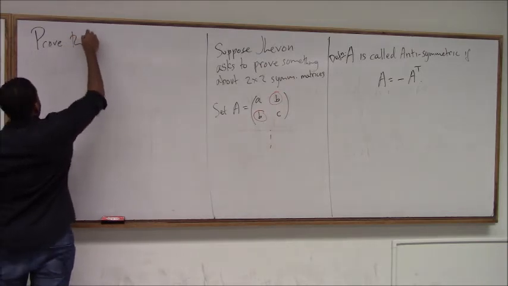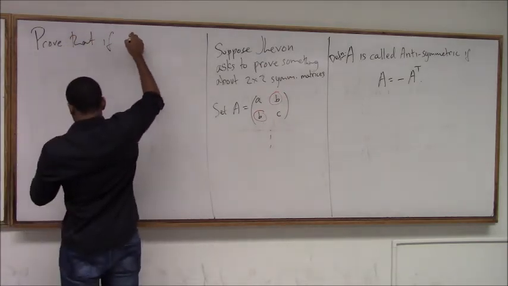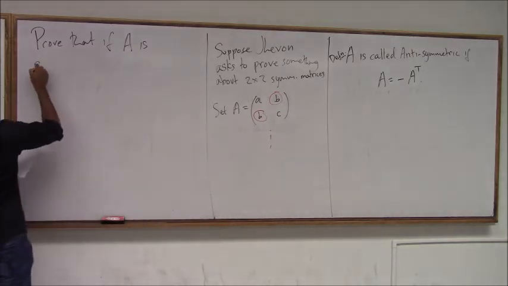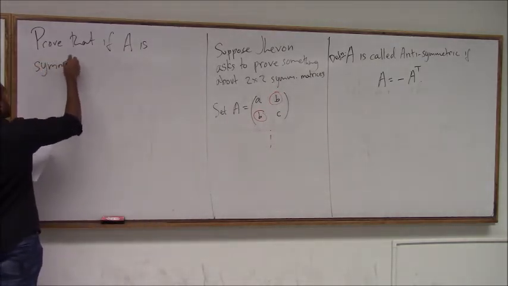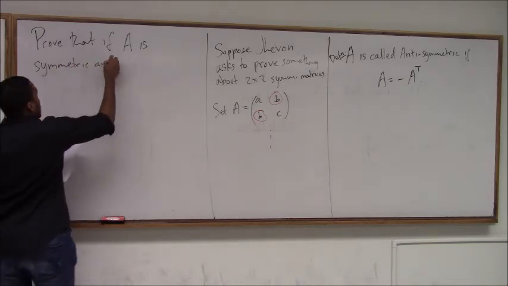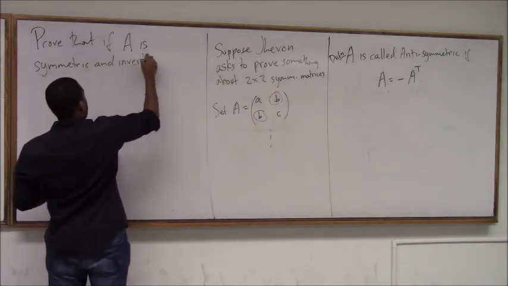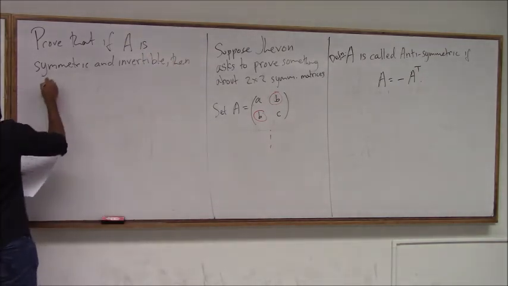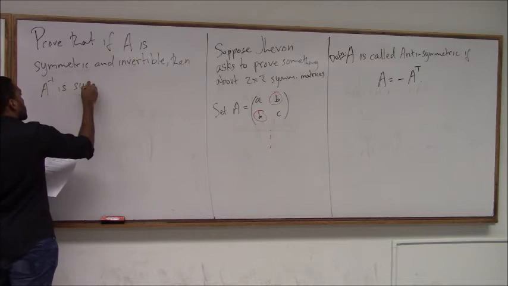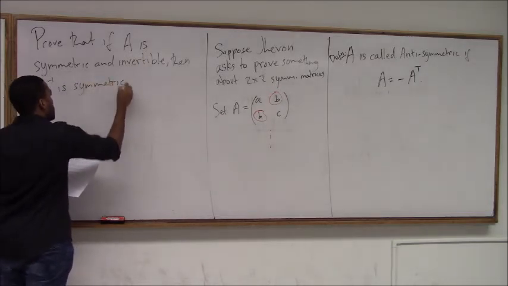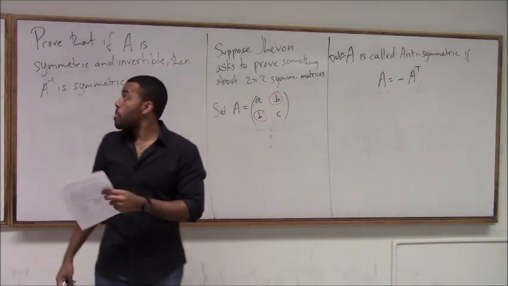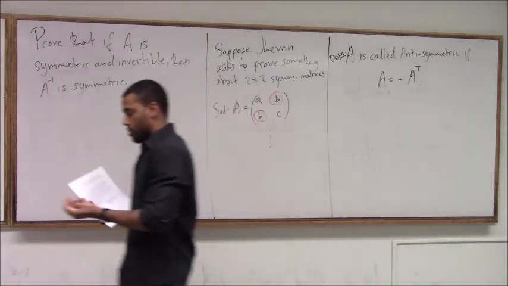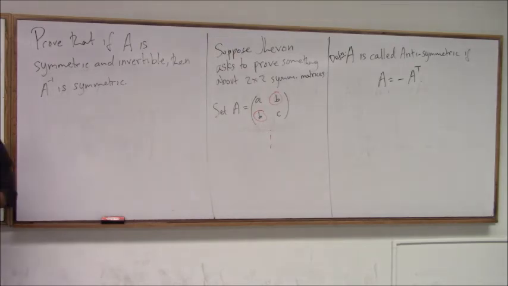Prove that if A is symmetric and invertible, then A inverse is symmetric. Give me an argument for that.